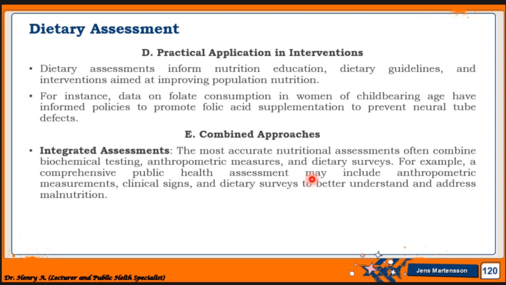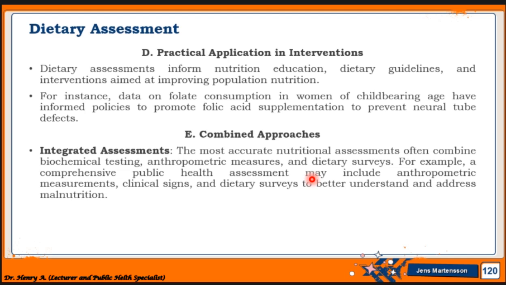Because folic acid is useful, it helps, and when they take it in the appropriate dosage, it will prevent the neural tube defect that happens in women of childbearing age.